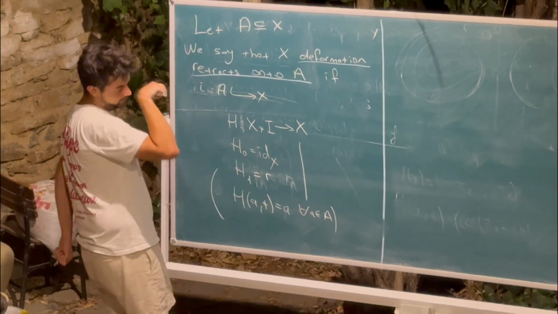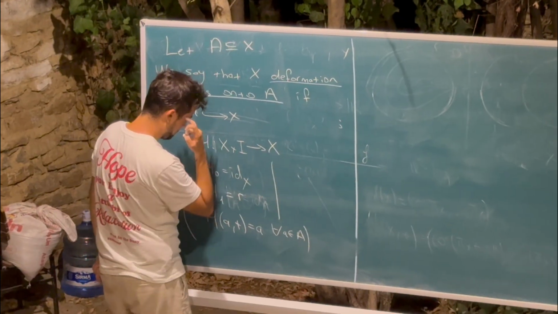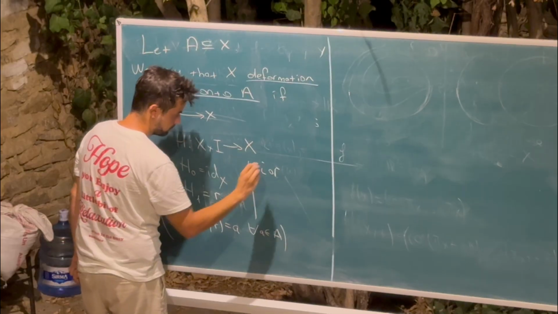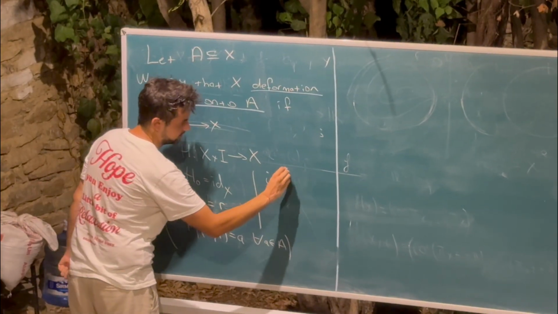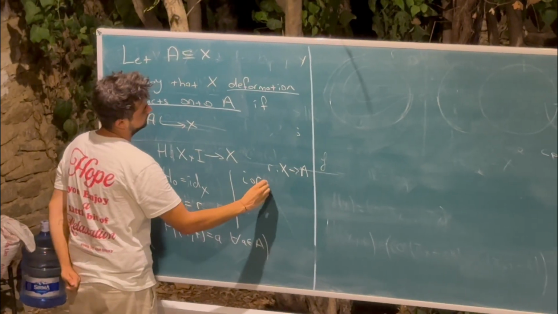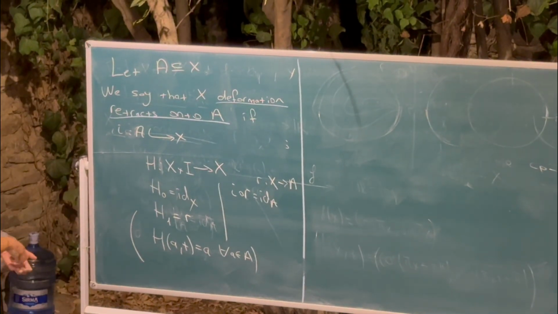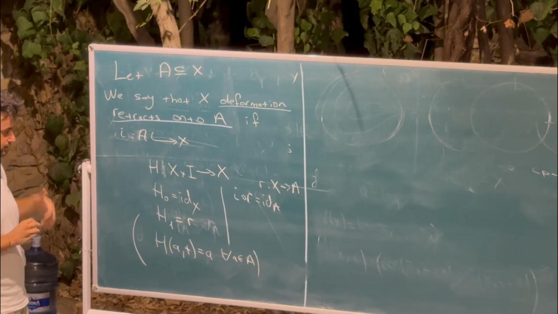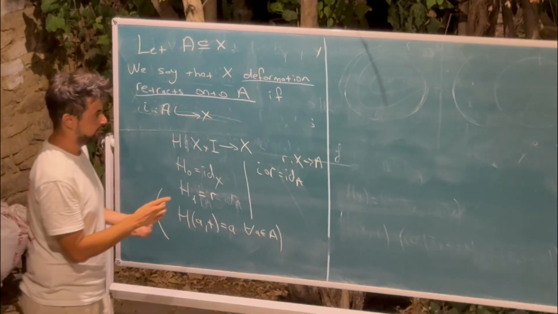And what is special about this map? It is a map from X to A, and this is the identity of A.